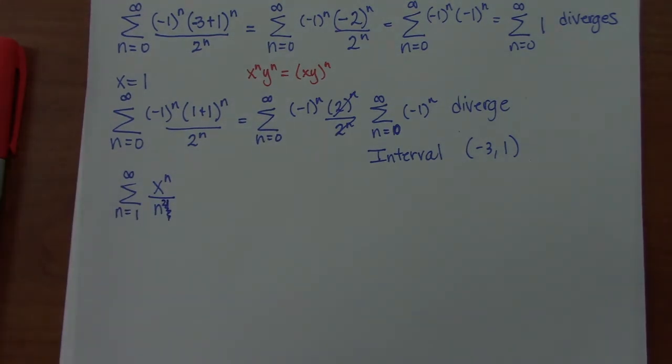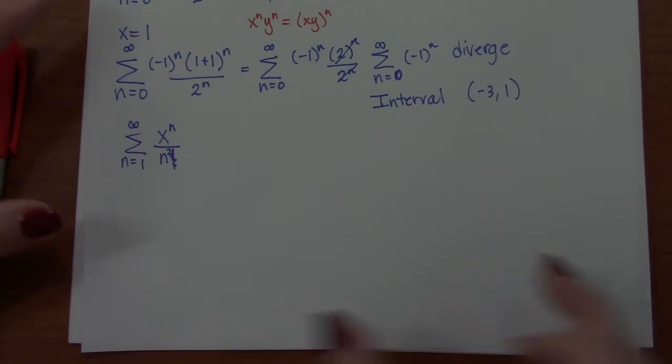It's x to the n over n squared. So let's look at the ratio test for this guy.